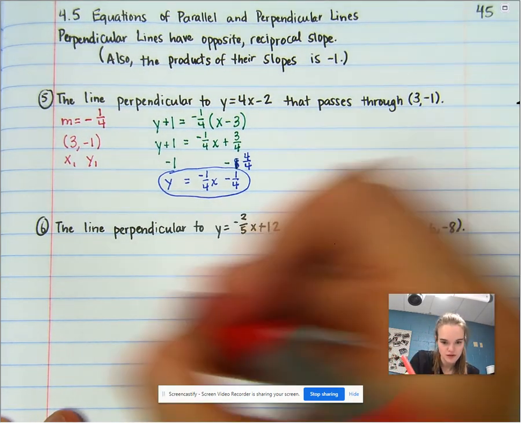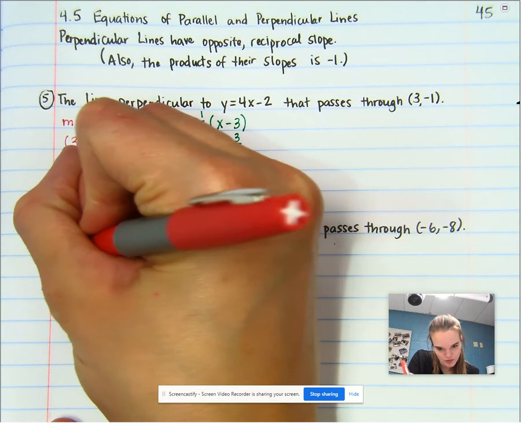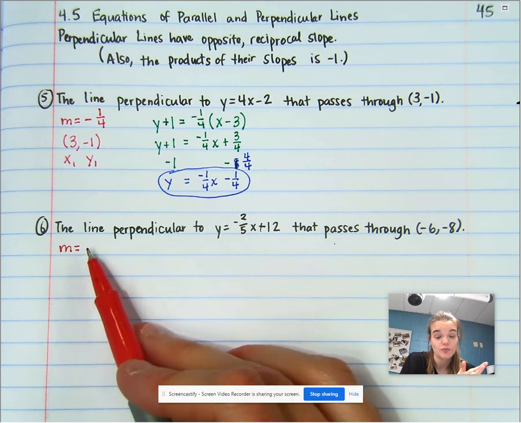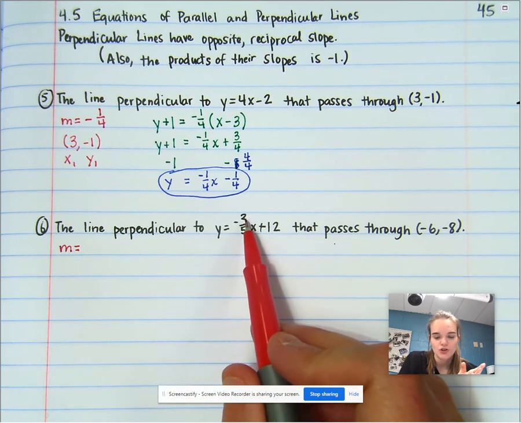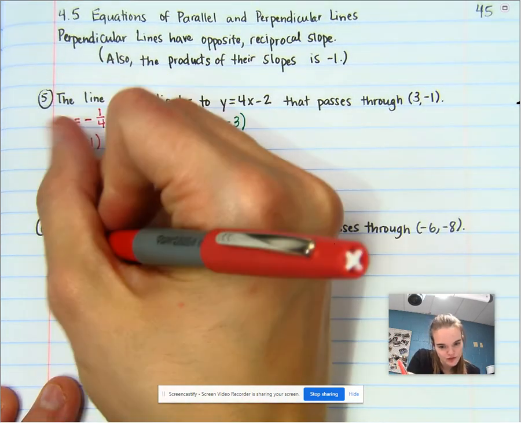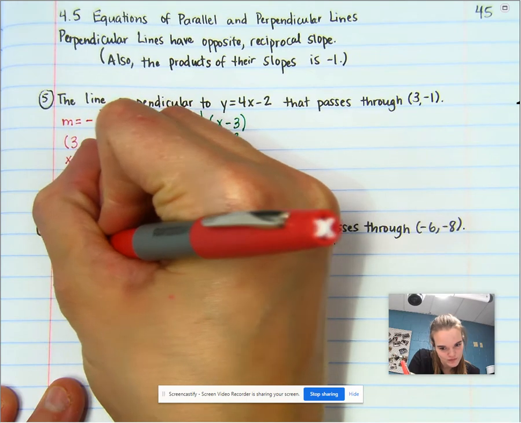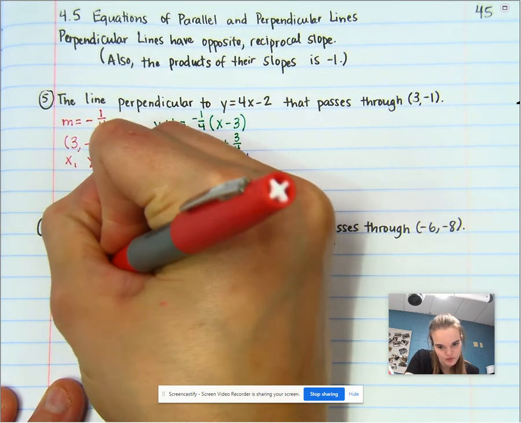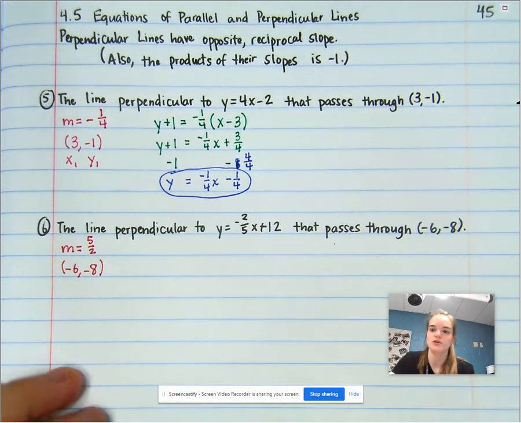The slope. The opposite of the negative is positive, so this is positive slope. 2/5, the reciprocal is 5/2. And then I have the point -6, -8. And that's what we're using to write the equation of the line.